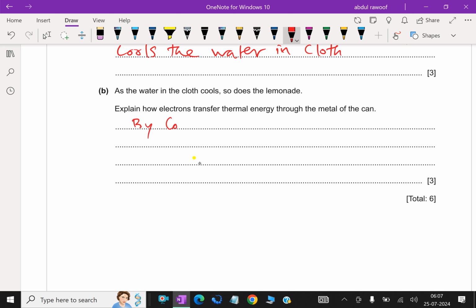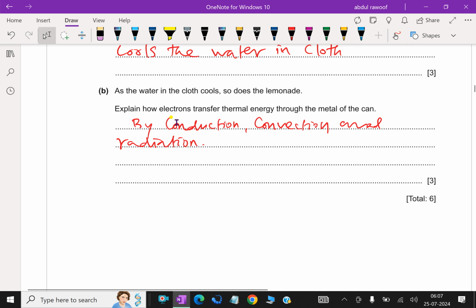By this way, electrons transfer thermal energy through the metal of the can and make the water inside, the lemonade, cool.